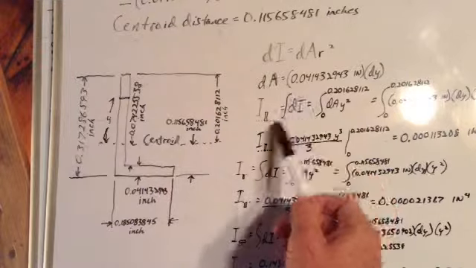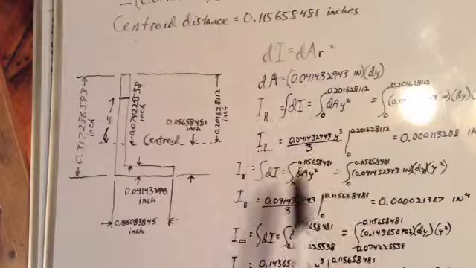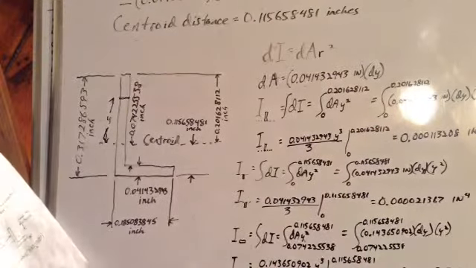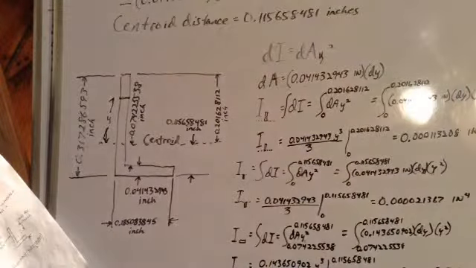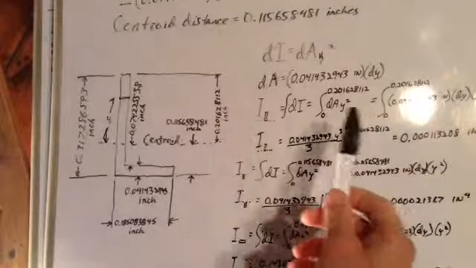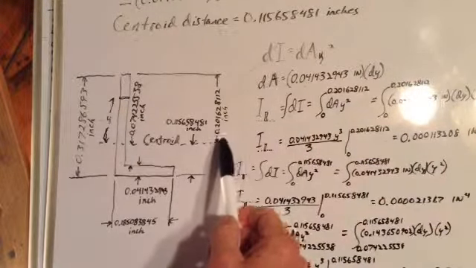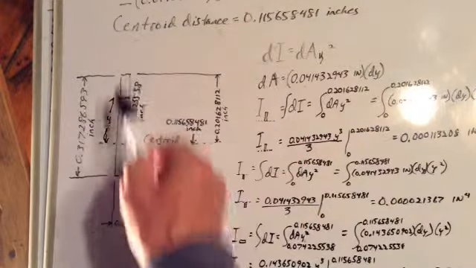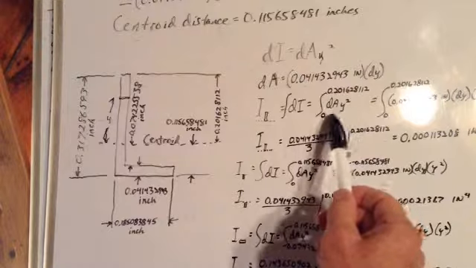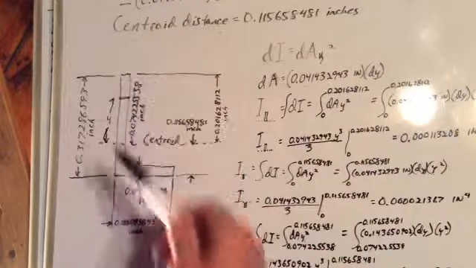Well, it's the integral of dI, which is the integral of dA times r squared, but we're calling it y, so let's change that to y squared in this particular case. Okay, and we're integrating from here to here. Well, that distance is 0.201628112 inches from there to there. So we'll let our limits of integration be from 0 to 0.201 inches.